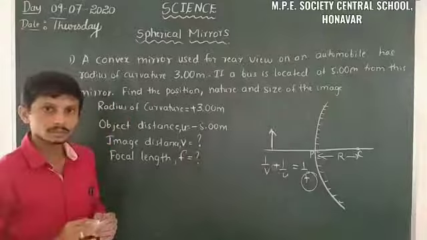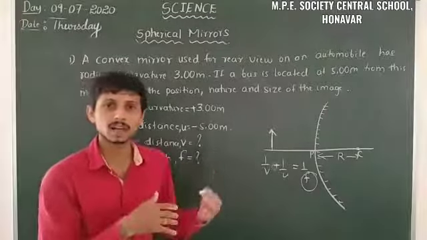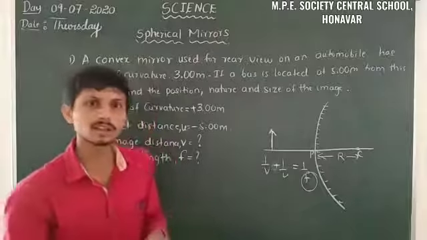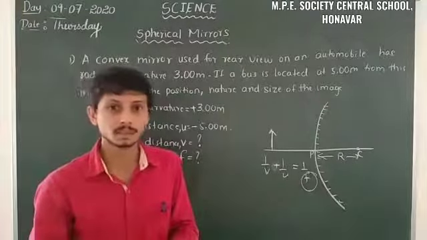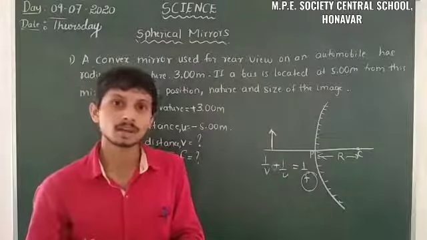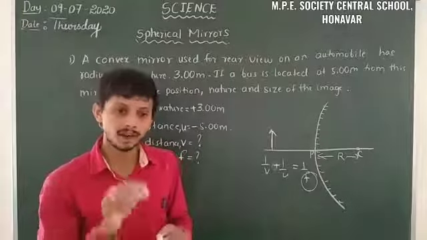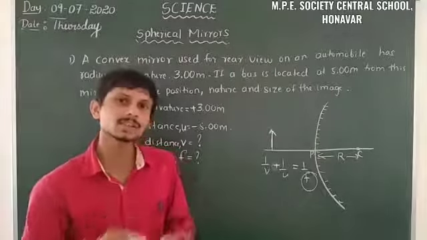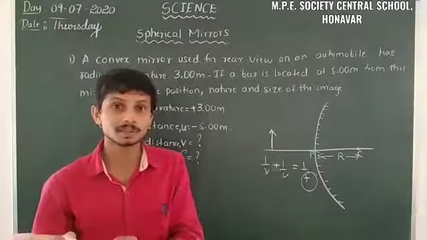In the last few classes we already learnt about the pole of the mirror, center of curvature, focal length, and what the principal focus is. We also learnt the relation between focal length and the radius of curvature.